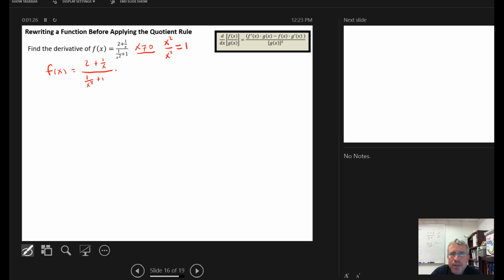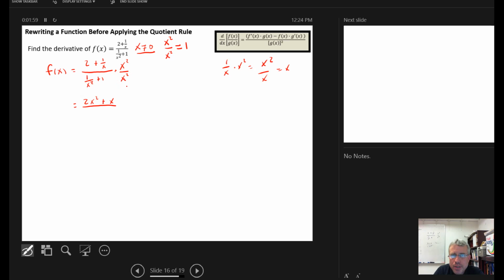So I'm going to multiply this by x squared over x squared, the least common multiple of x and x squared. And then I'm going to distribute the x squared into the numerator here. So I'm going to get 2 times x squared plus, and I have 1 over x times x squared is just x, all over.